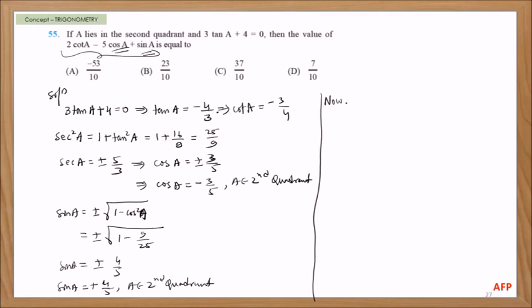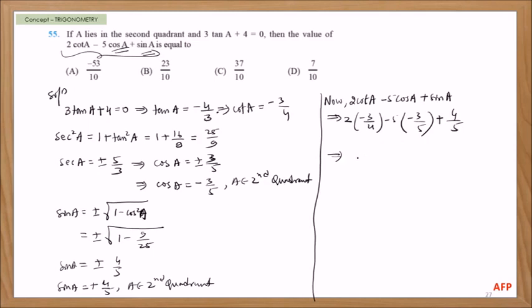Okay, we'll take this equation and we'll substitute this. Now 2 times cot A minus 5 times cos A plus sine. So this implies 2 times cot A, which is minus 3 by 4, minus 5 times cos A, which is minus 5 times minus 3 by 5, plus sine, which is 4 by 5.